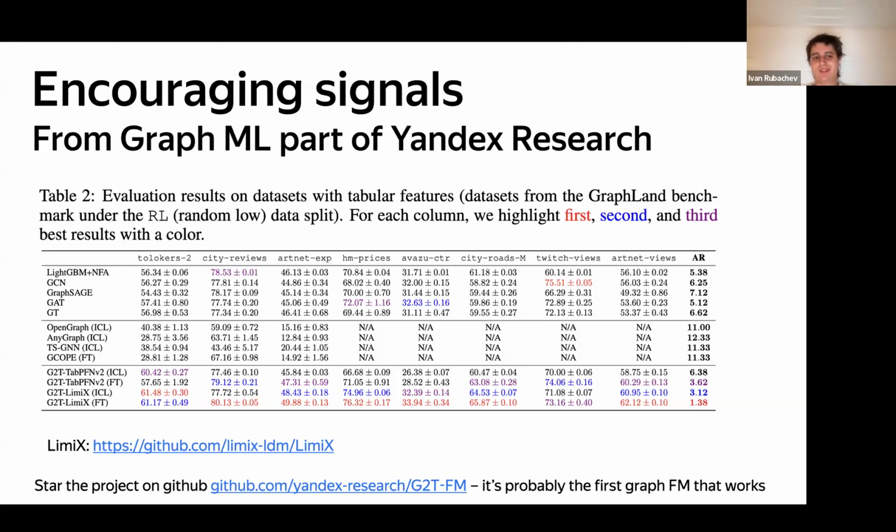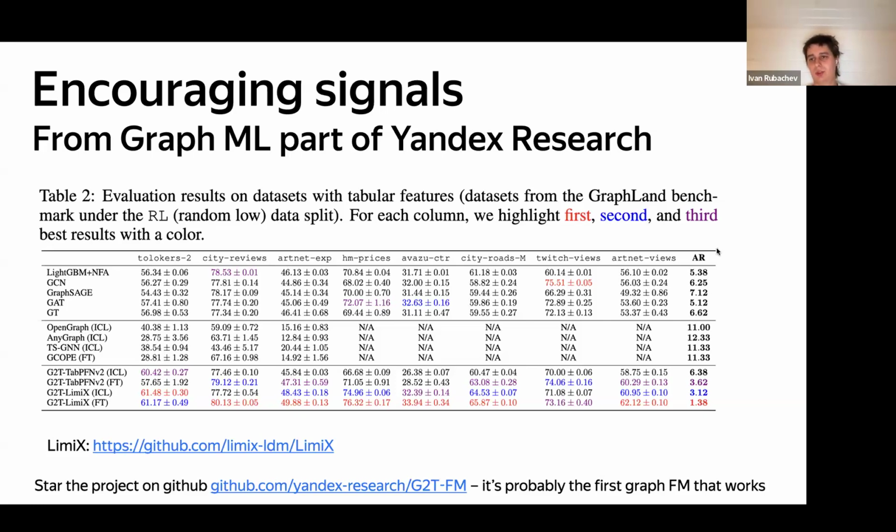And what they do here is test classical GNN baselines on such datasets. They also test all the models that they were able to get working, all the foundation models from the graph learning community.